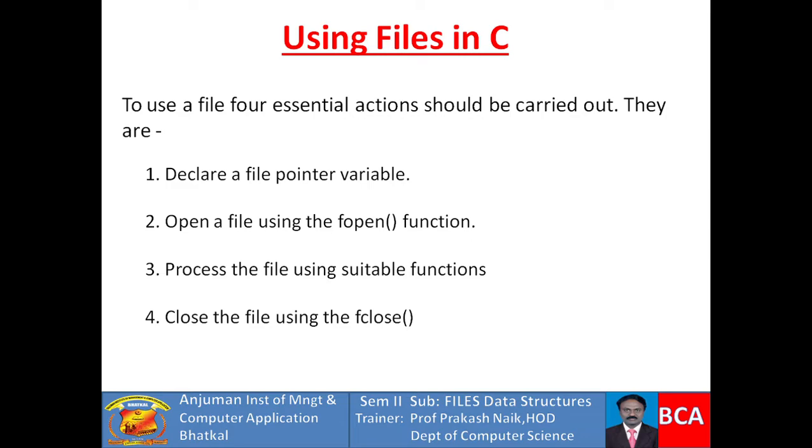Number one, declare the file pointer variable. Number two, open the file using fopen function. Number three, process the file using suitable functions. Number four, close the file using fclose function. Now let us learn one by one, starting with declaring a file pointer variable.